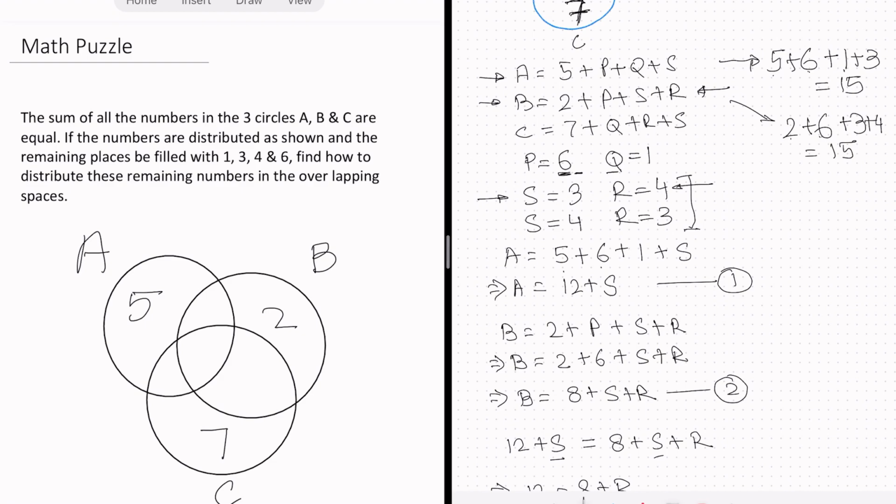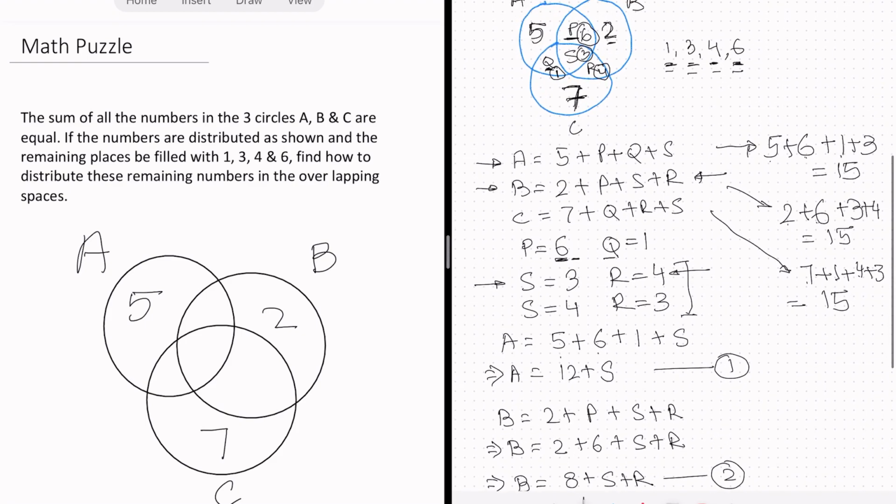C is 7 plus Q, which I assumed to be 1, plus R, which is 4, and then S, which is 3. So this comes out to be 7 plus 1 is 8, 8 plus 4 is 12, 12 plus 3 is 15. There you go.